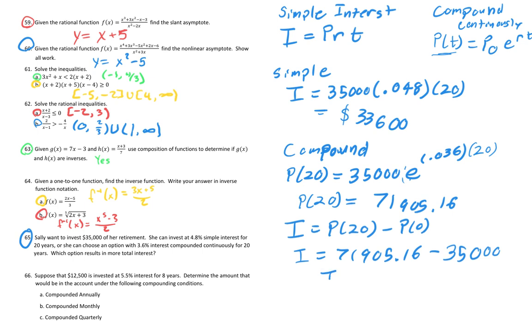So our interest for this one is going to be 36,905.16. So we want to know which one earns more total interest, which is going to be our compounding continuously, because this is greater than 33,600. So we know that compounding continuously earns more interest.